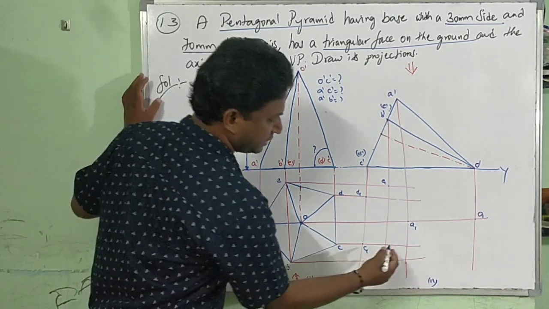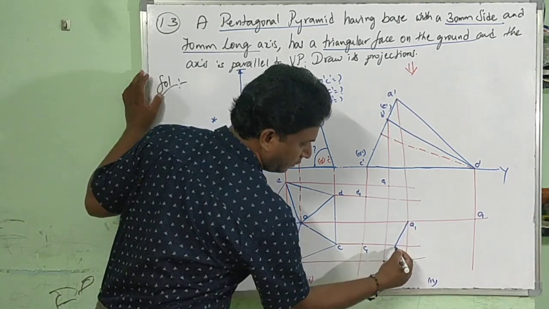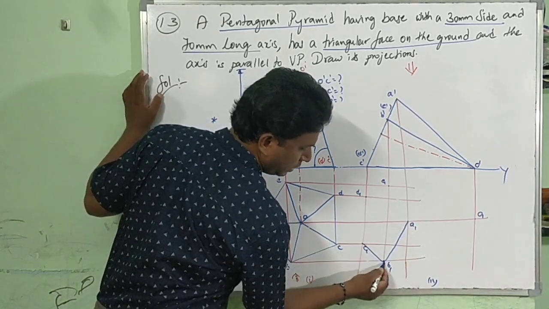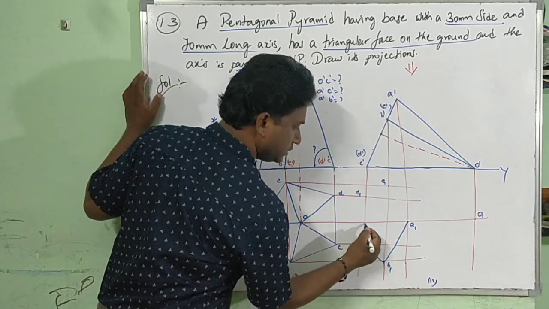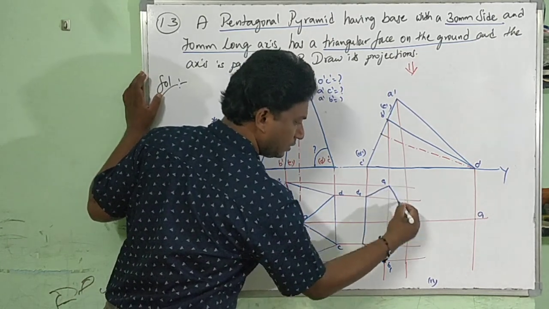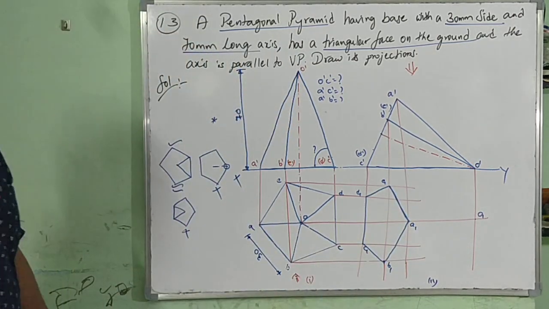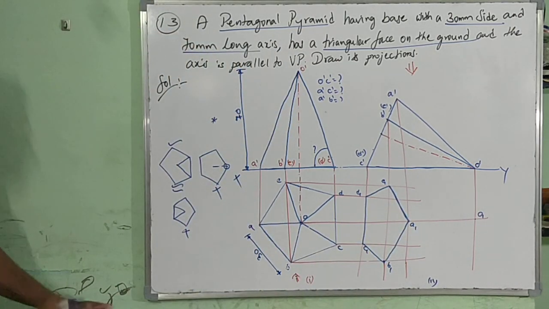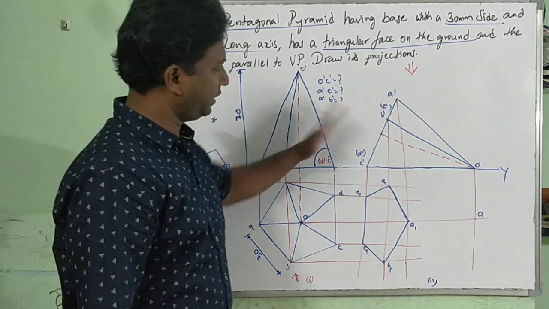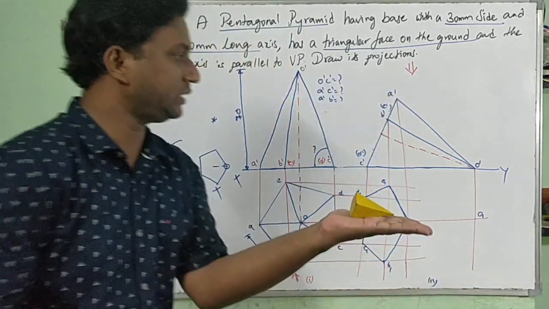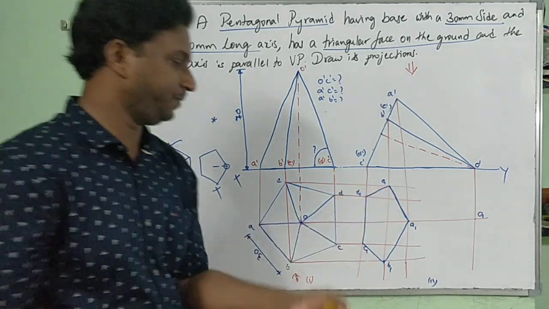Complete the pentagon which is clearly visible: A1 B1, B1 C1, C1 D1, E1 A1. The base is completely visible when it falls, and you can see this part.